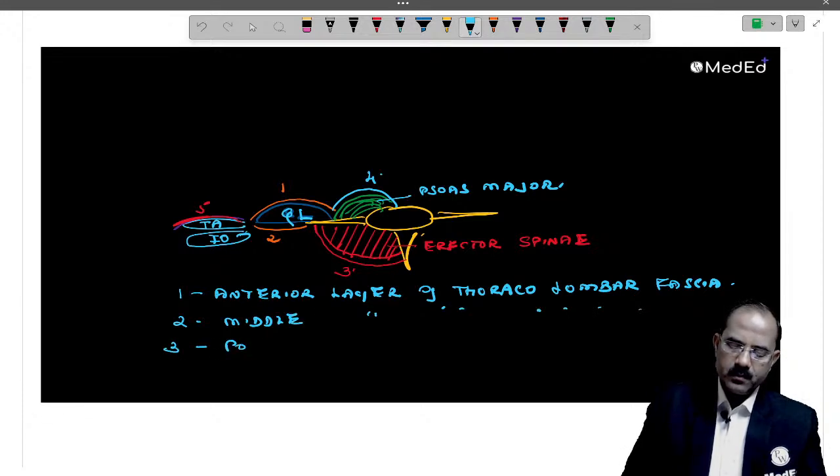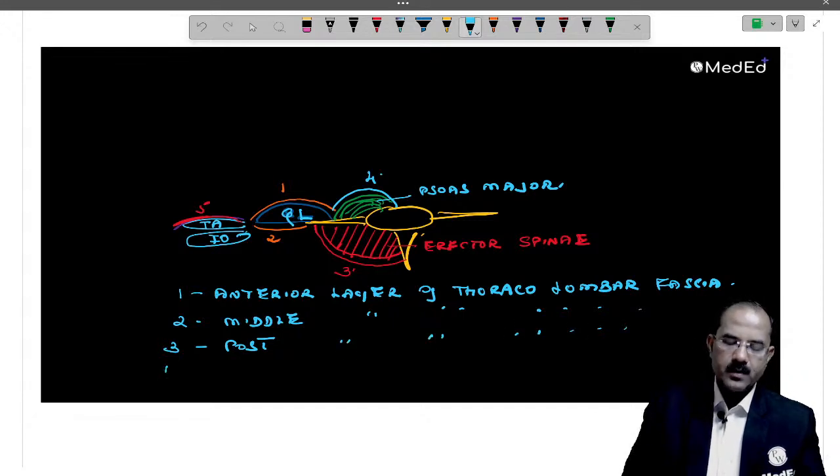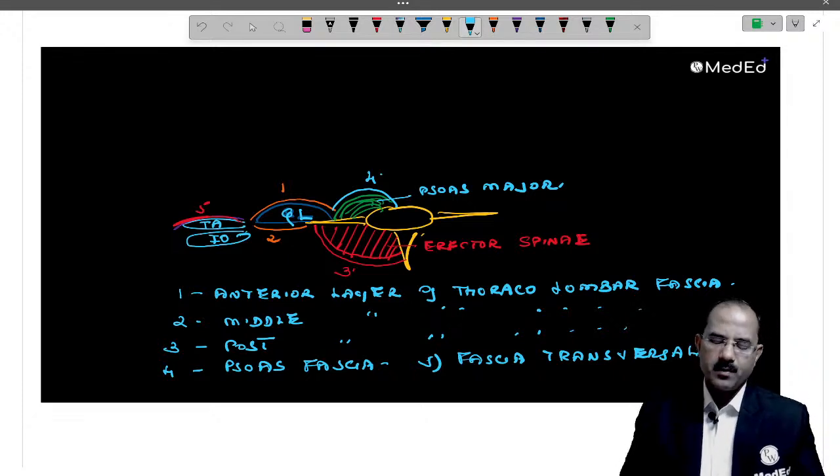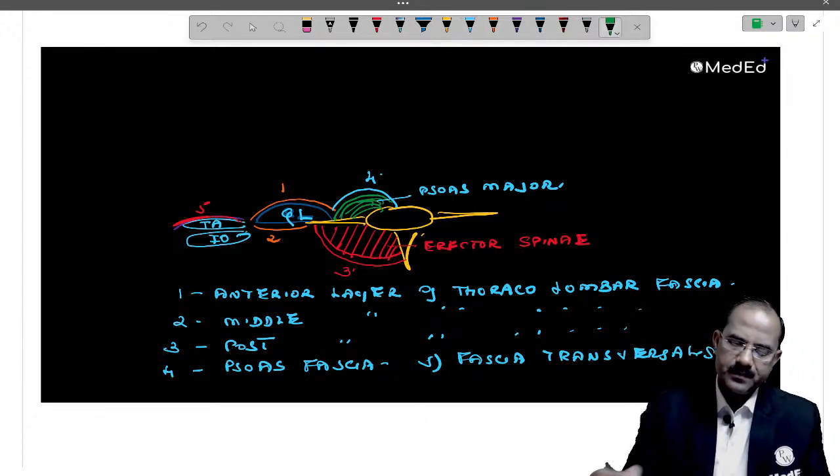Number 3, the posterior layer of thoracolumbar fascia. Number 4, psoas fascia. Number 5 is the fascia transversalis.